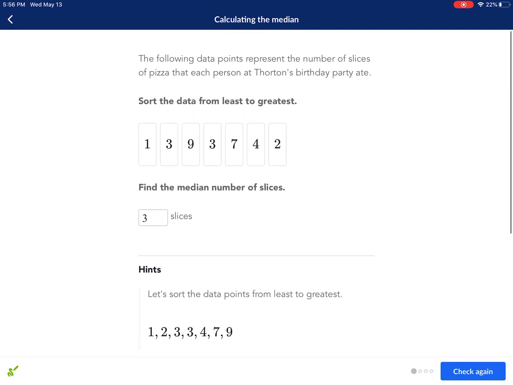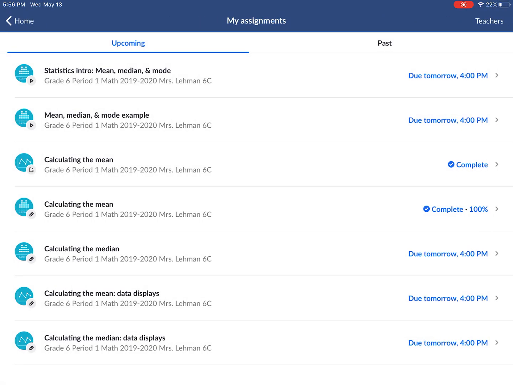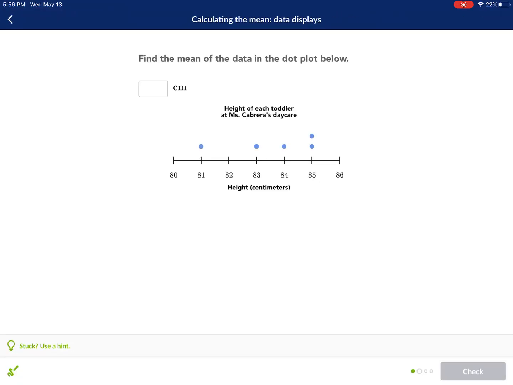So, I don't know how to fix that, but we're going to go to calculating the mean data displays. You might need to go finish that one on a computer because that one, after I clicked on use a hint, it wouldn't let me get out of that screen. I have no idea. It's probably something super simple, but I'm just not going to record me trying a million things.